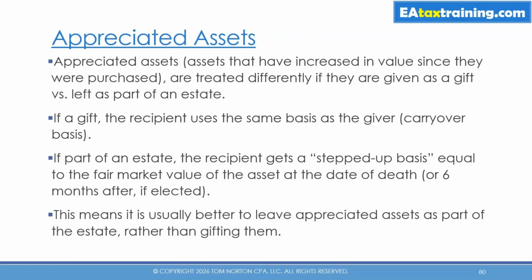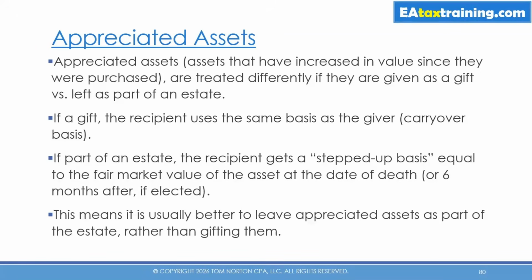Appreciated assets, as we have said before, are treated differently if they are given as a gift versus left as part of an estate. If it is a gift, the recipient uses the same basis as the giver. Remember, that's that carryover basis.